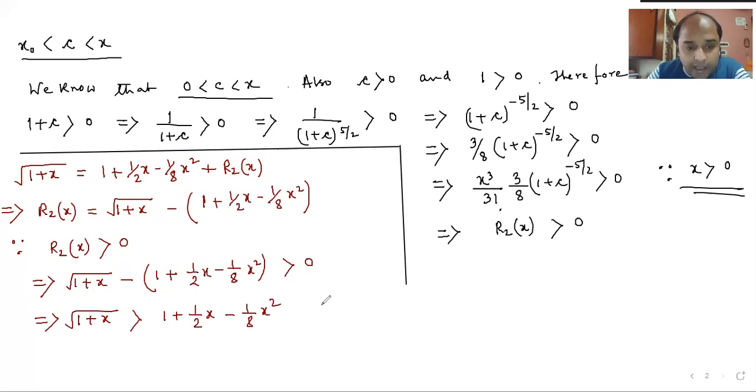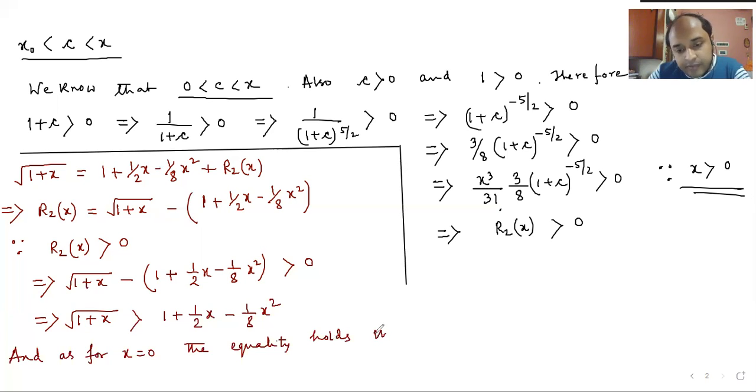Okay, and for x equal to 0, the equality holds. Then from there we can conclude that square root of 1 plus x is actually greater than or equal to 1 plus half x minus 1 by 8 x square.